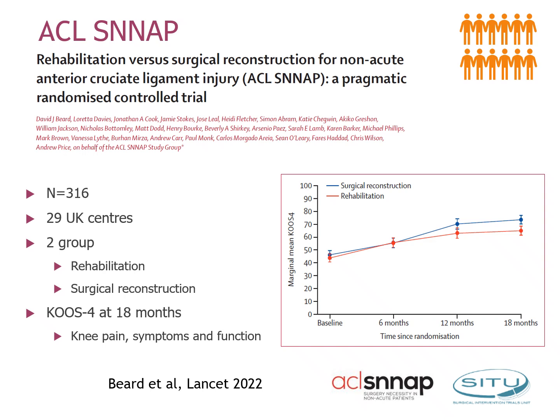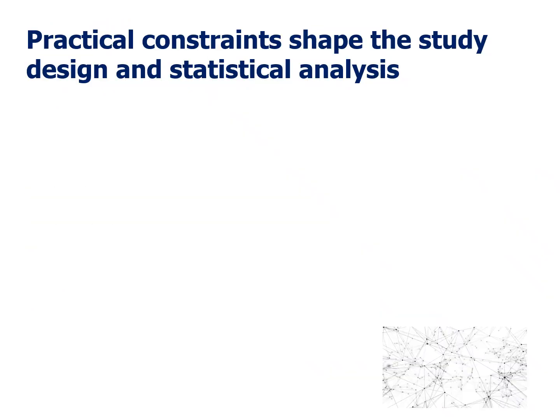This study had 316 participants conducted across 29 UK centres, and the main outcome of interest was the KOOS-4 at 18 months following entry into the study, and that's a measure of patient-reported knee pain, symptoms and function. And then on this graph on the right, you can see how the KOOS-4 went up in both groups over time, but actually the surgical group performed better after 18 months.